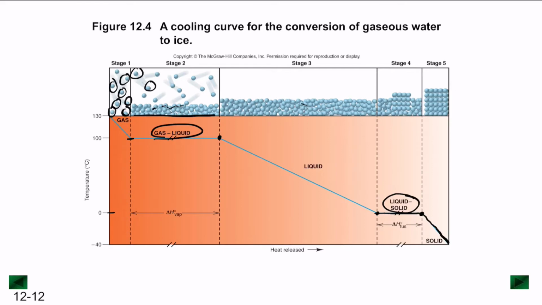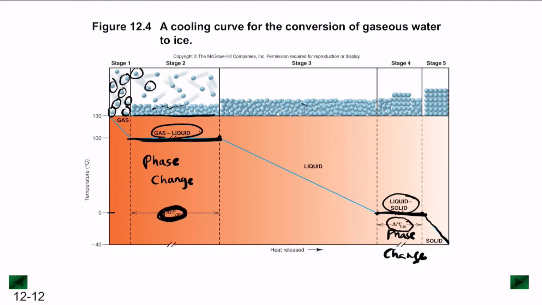Notice that these two phases are where there is a phase change. Because it has a constant temperature, the energy that is used here is delta H of vaporization in the gas-liquid phase change. It does not lose temperature; it actually loses this delta H of vaporization, and in conversion from liquid to solid it loses this energy, delta H of fusion.